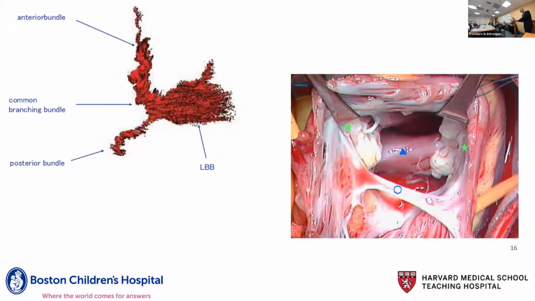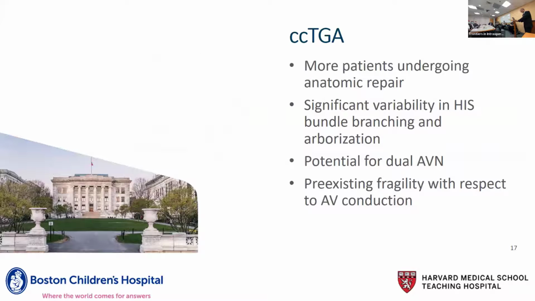And this is an intraoperative depiction with the green star showing the posterior and anterior AV nodes and the blue triangle marking the crest of the ventricular septum. Again, significant variability in the number of nodes and the location in this particular case of heterotaxy.